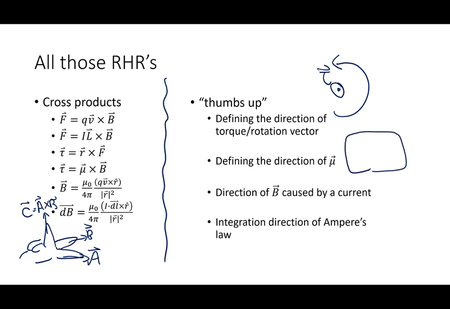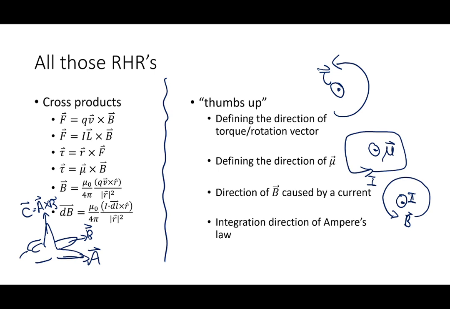With a current loop, with a certain current, we define the magnetic dipole moment of that current loop by another right-hand rule. Given a current, the magnetic field caused by that current goes in a circle around that wire.